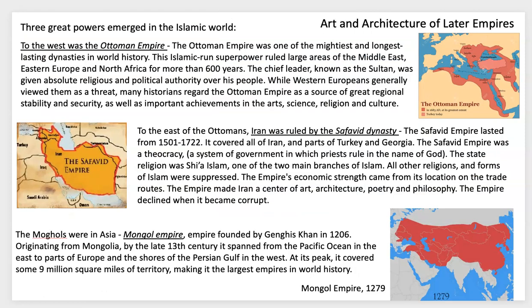So basically now we're getting into what came after. The three powers emerged in the Islamic world, and I don't know if it's really what came after, but how these different historical cultures were influencing each other. So to the west of the Ottoman Empire, you see how we're going now.